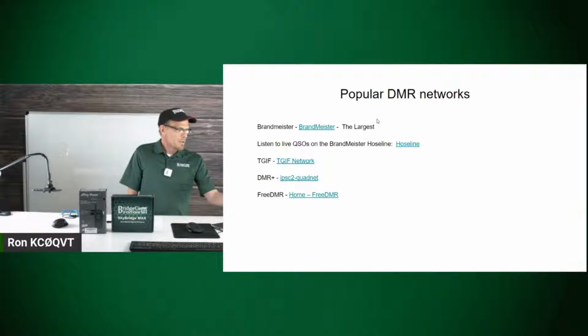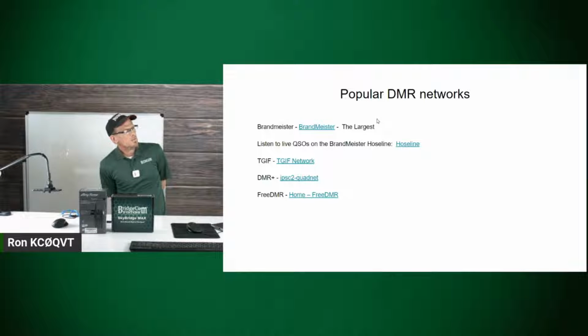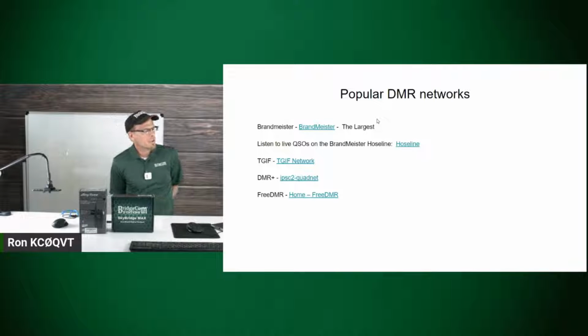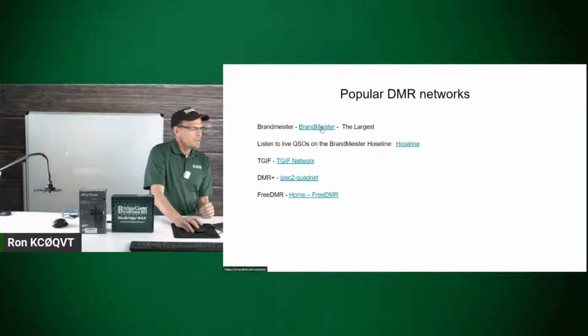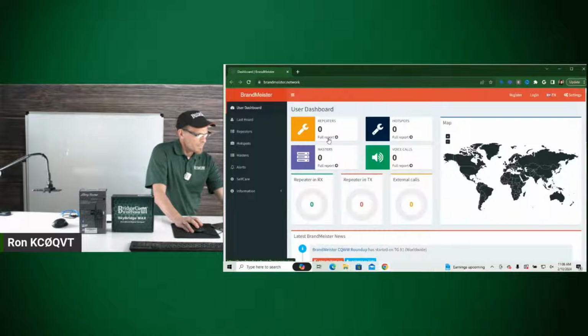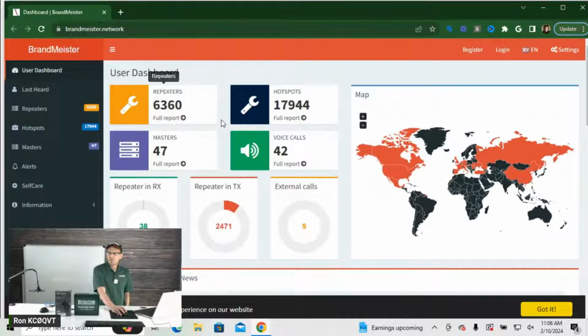Okay, so taking a look at this screen here, this is the other sheet on popular DMR networks. I just wanted to give you a quick snapshot that the biggest and the largest network is Brandmeister. And what's cool about that is you can actually see the activity going on. I'm just going to show that to you real quick.